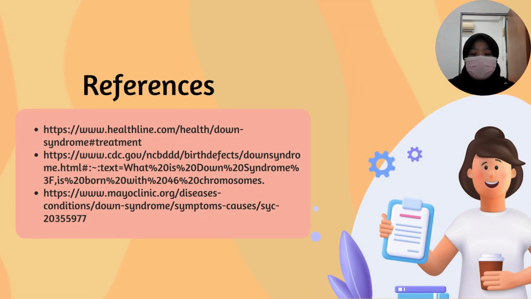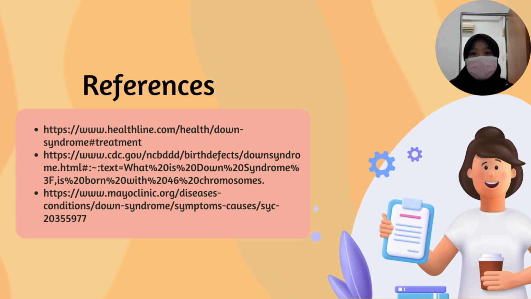Before I end my topic today, I just want to share a little bit more on the life expectancy of a child born with Down syndrome. Back then, people with Down syndrome were thought to live a very short life, but it's very different now. The lifespan of people with Down syndrome has increased dramatically.